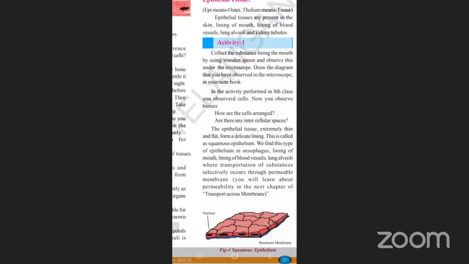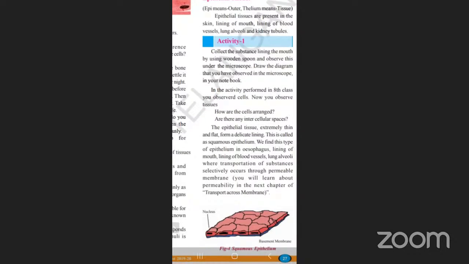Then you can get the labeling and everything, and the comparison also. This is very important. Don't forget to draw what you observed under the microscope, because it will help you compare between the textbook and your observation book.